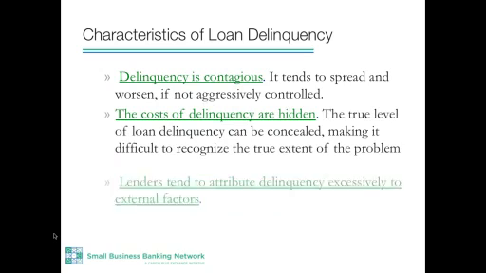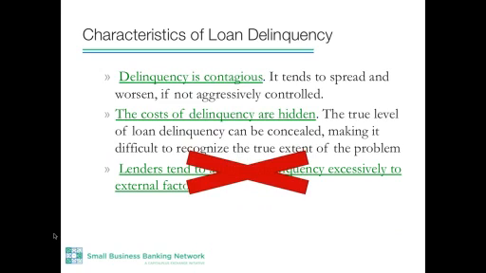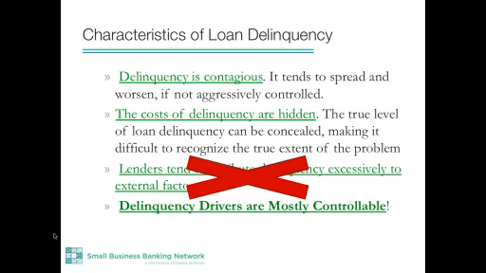And also, lenders tend to attribute delinquency excessively to external factors. And this is absolutely wrong. In fact, delinquency drivers are mostly controllable.